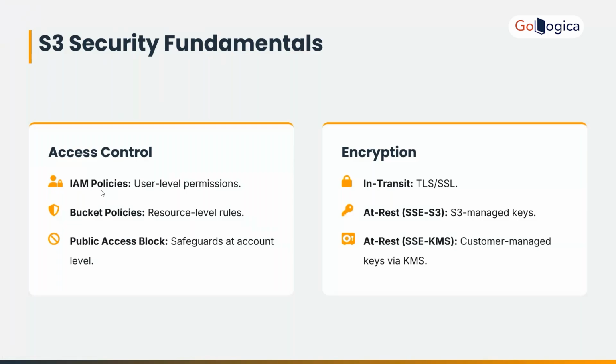Over 90% of the data breaches that happen in the cloud are because of misconfiguration of policies and access control, and allowing public read access to sensitive buckets. These are the common reasons why so many data breaches happen.